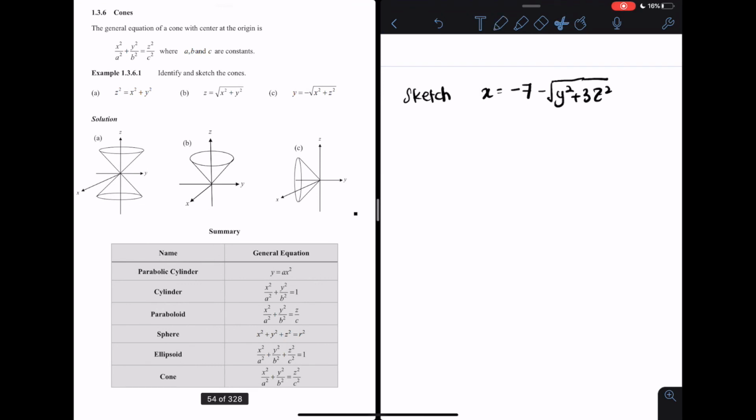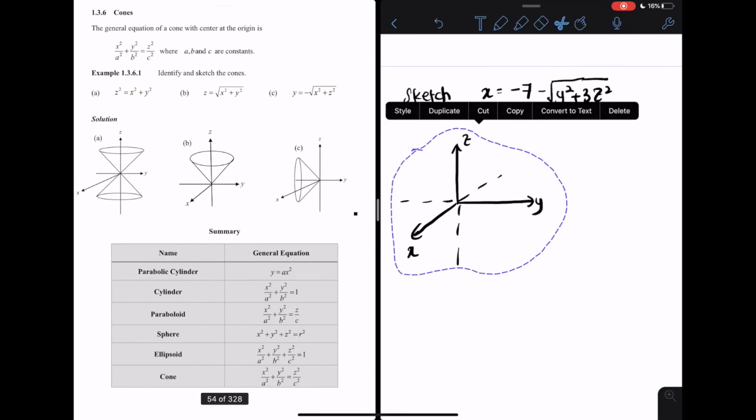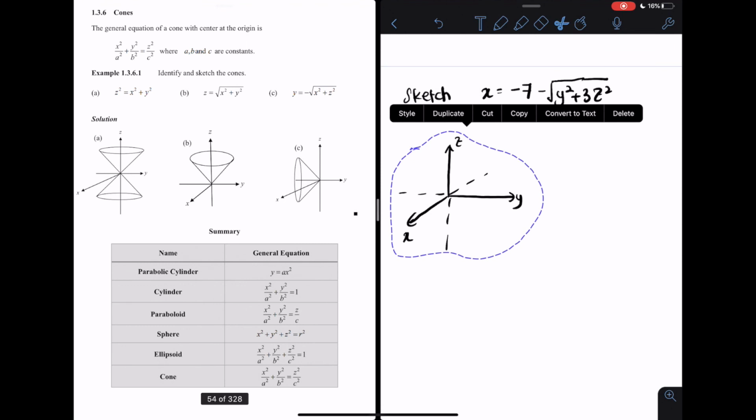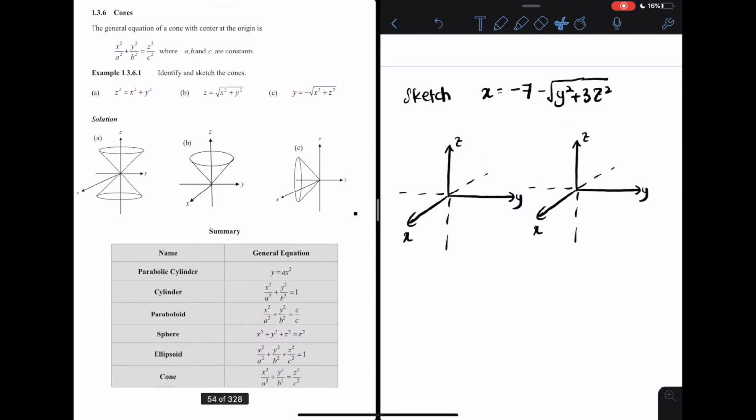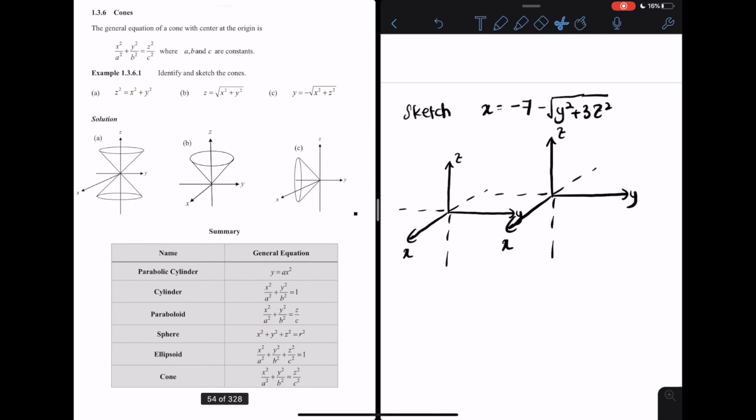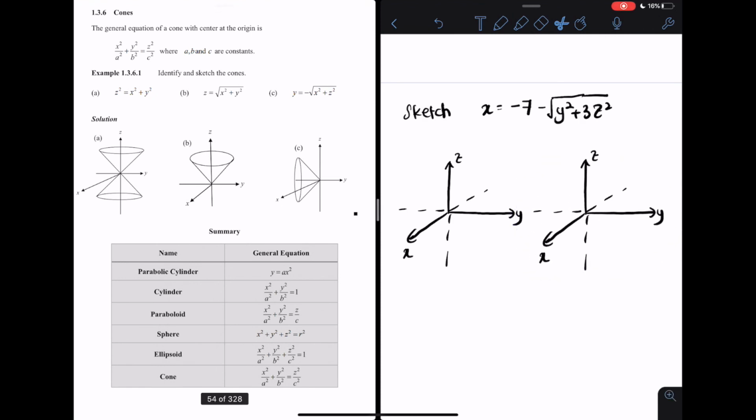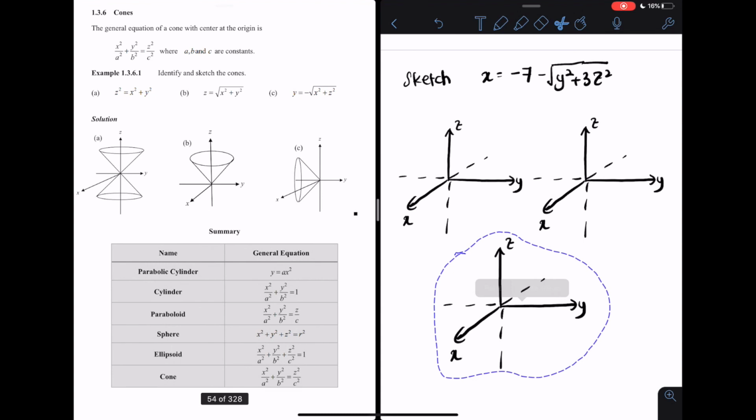So right now, sketch the axis. So I will show you the transition. Okay, so right now, if x is the subject of your equation, so this is the positive.